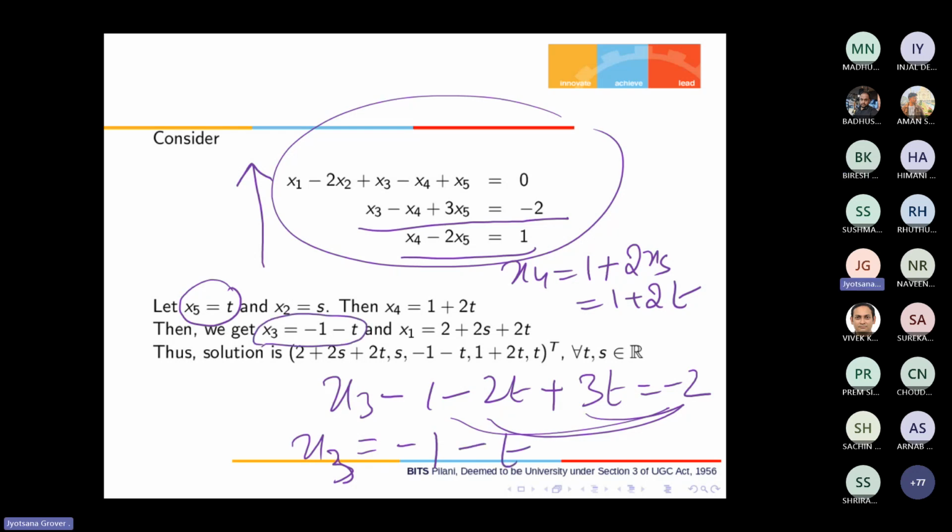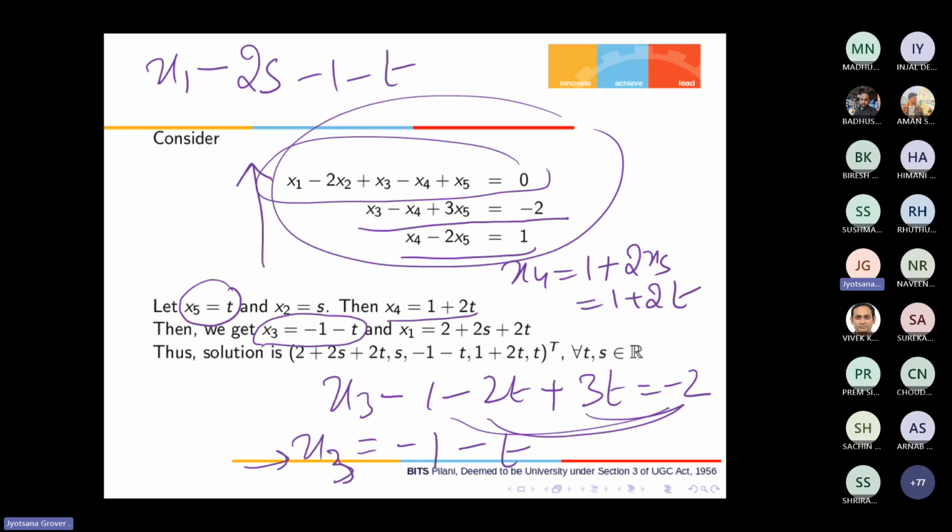Now substitute all these: x3 you have got, x4 you have got, and x5 is already t. Substitute it here. So what do you get? x2 is a free variable, so you are giving it the name s. x1 plus s plus x3, x3 is minus 1 minus t, minus x4, minus x4 is minus 1 minus 2t, plus x5, x5 is t, is equal to 0.